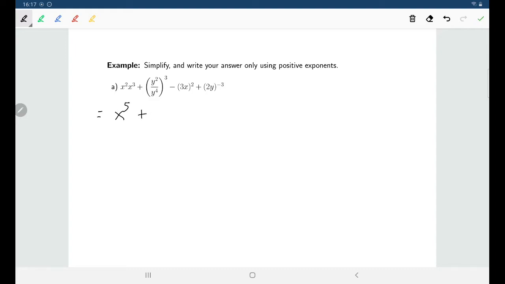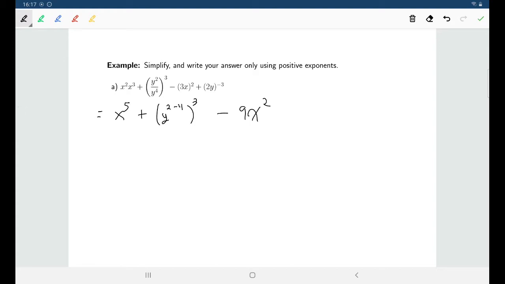We have y squared over y to the 4. That's y to the 2 minus 4. I'll deal with the cubed that's outside afterwards. For the 3x that's being squared, that's 3 being squared and x being squared. So it's really 9x squared.